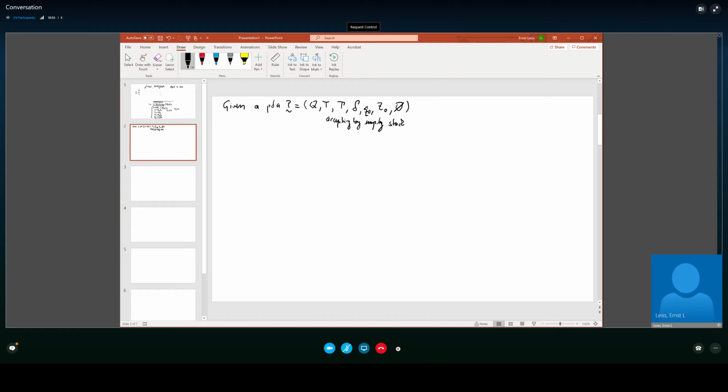Obviously, if we accept by empty stack, the set of final states can be empty. So, given a PDA, construct a context-free grammar G such that the language generated by that grammar G is the language accepted by the push-down automaton by empty stack. Okay.